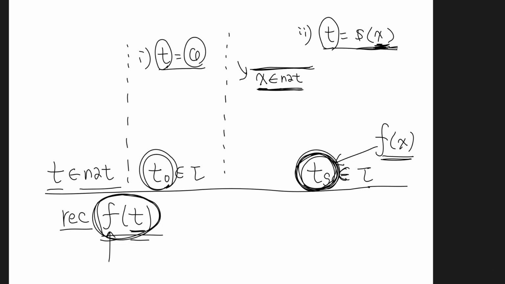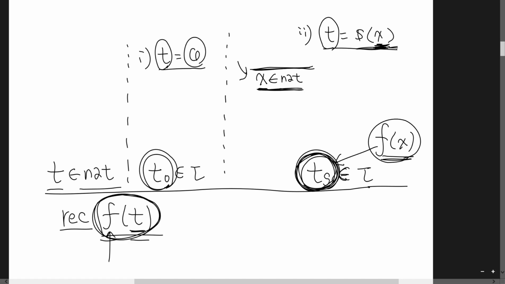And in addition, you may use another recursive call, but the requirement is you must use the argument x, which is strictly smaller than the original argument. The original argument t is a successor of x. Now, if you want to make another recursive call, the recursive call must be made with a strictly smaller argument, namely x.